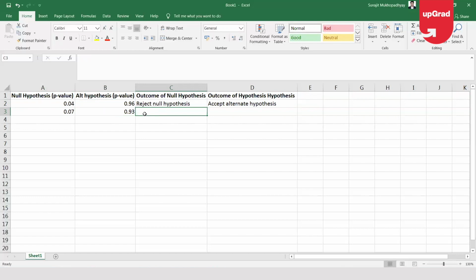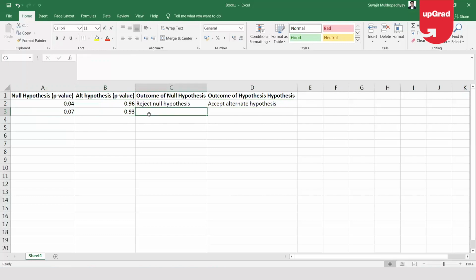So in previous case, I rejected the null hypothesis since the p-value was very, very low. And I accepted the alternate hypothesis because the p-value is very, very high. In this case, 4% and 96%. Now for null hypothesis, if this is 0.07 and this is 0.93, then what happens?